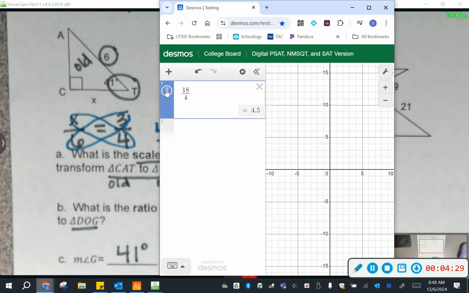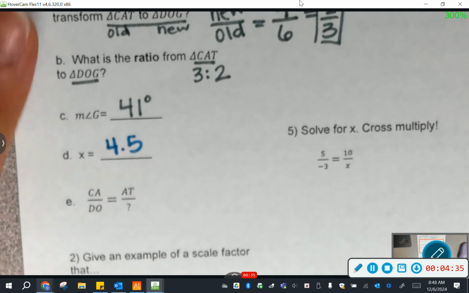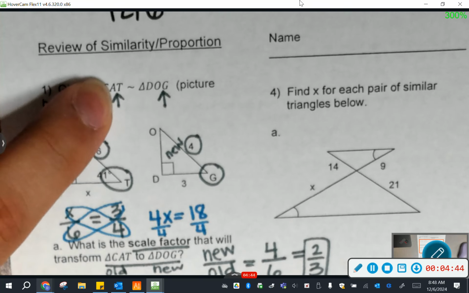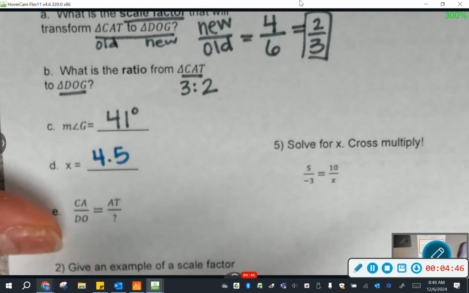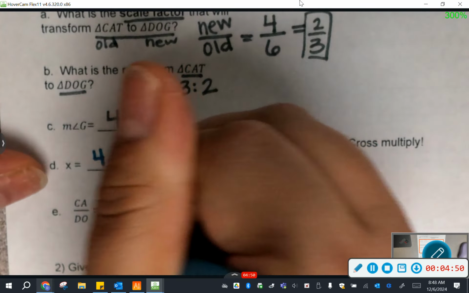Either one of those is fine. So X is 4.5. Do y'all agree CA goes with DO? What does AT go with? OG. That's your answer.